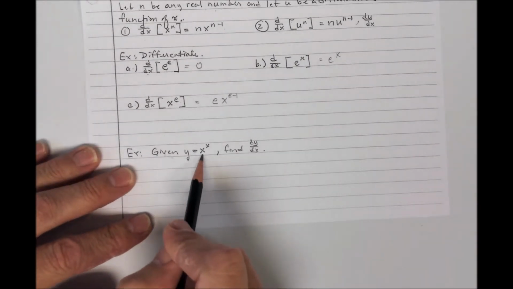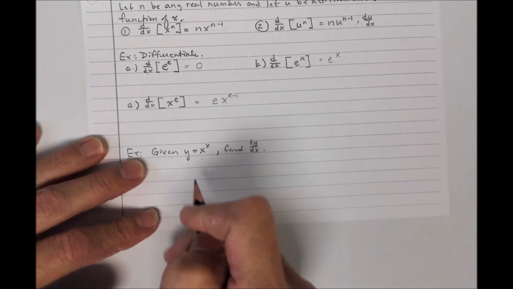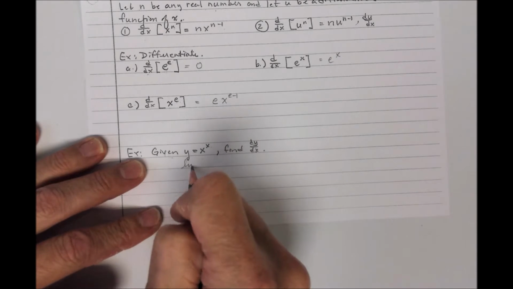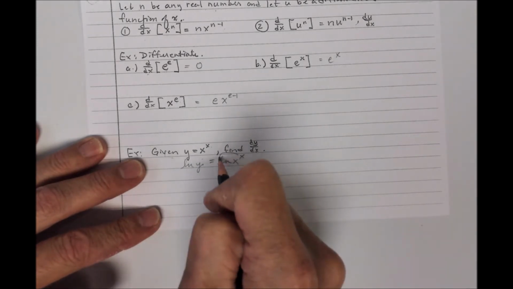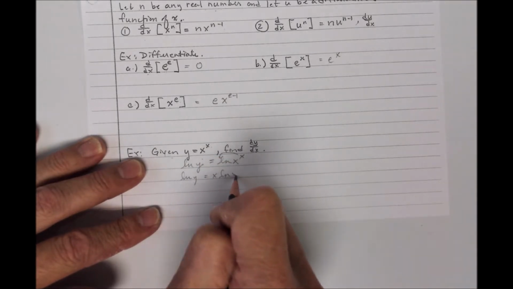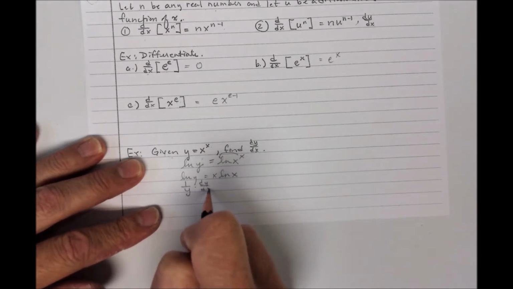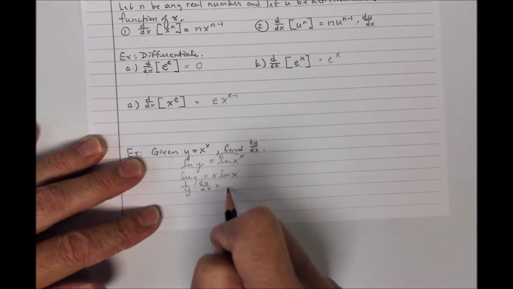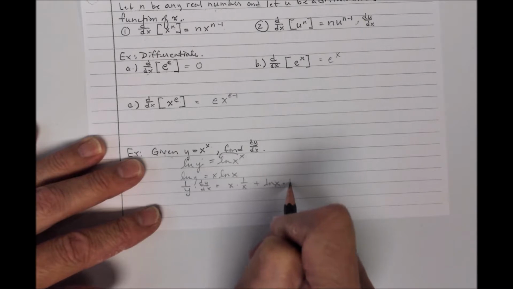Now, this guy here is a little trickier. Because the variable is in the base and in the exponent, to find the derivative you'd probably have to use logarithmic differentiation. So if I took the natural log of both sides, brought my exponent out in front, I would have the natural log of y equals x times the natural log of x. Then I take the derivative with respect to x. This would be 1 over y times dy dx is equal to, product rule here, the first one times the derivative of the second plus the second one times the derivative of the first.